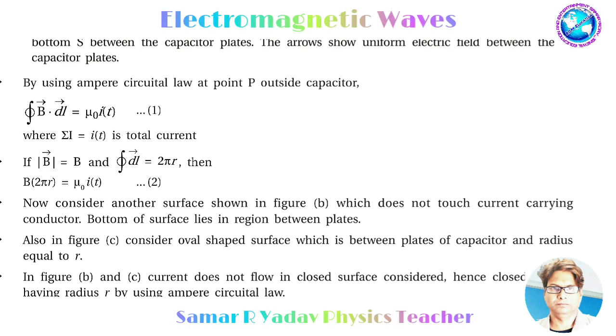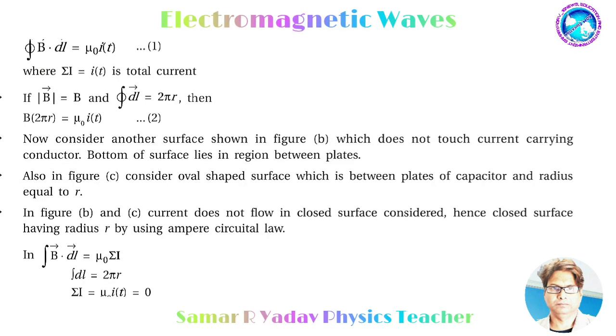Now consider another surface shown in figure B which does not touch the current carrying conductor. The bottom of the surface lies in the region between the plates. Also in figure C, consider a surface which is between the plates of the capacitor with radius r.